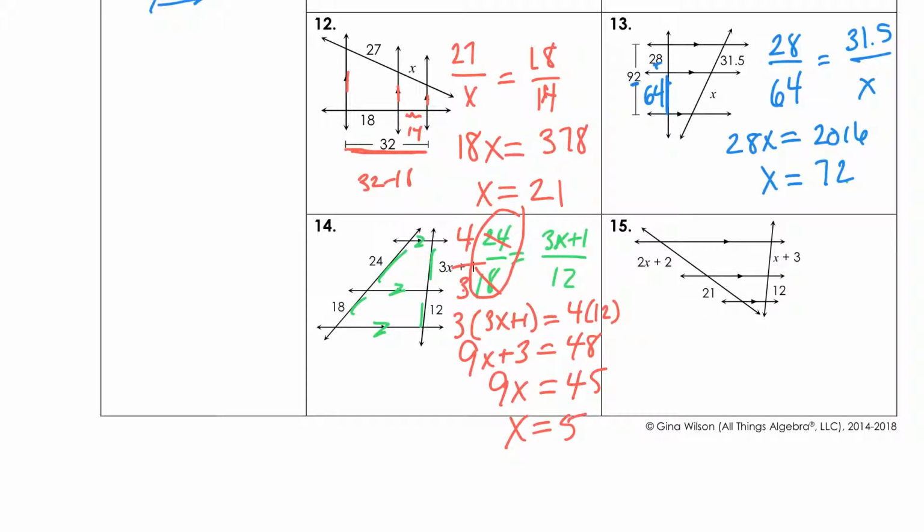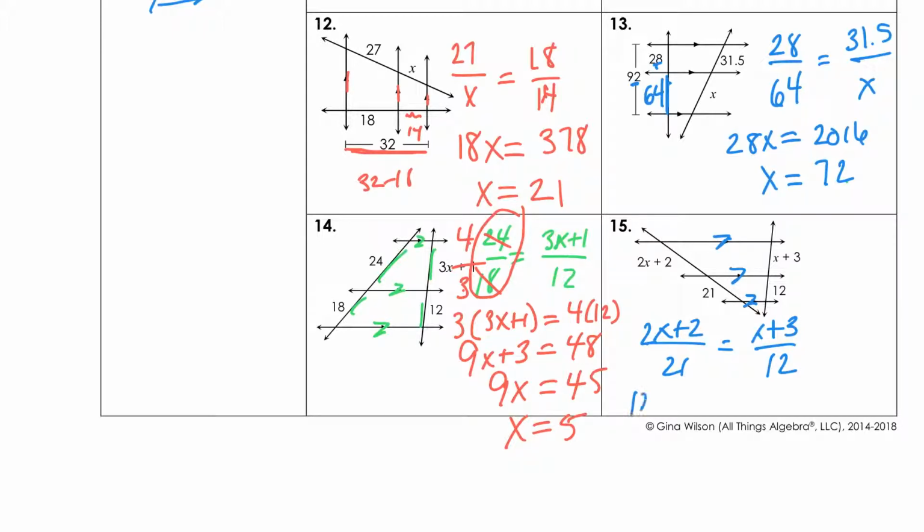And last but not least, number 15. We're going to have, once again, parallel lines cut by 2 transversals. So 2x plus 2 over 21 would equal x plus 3 over 12. No simplification as far as cancellation, so our cross products.